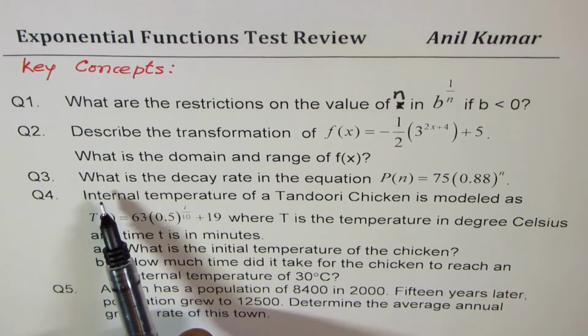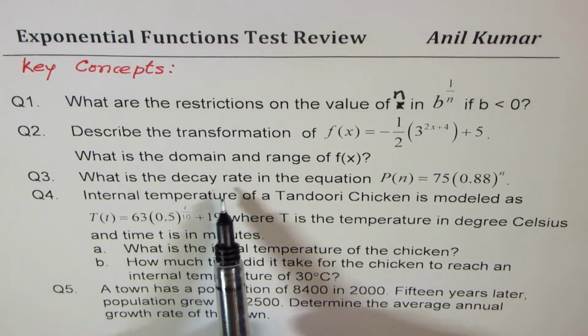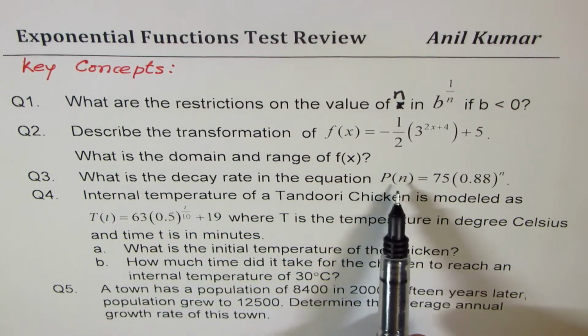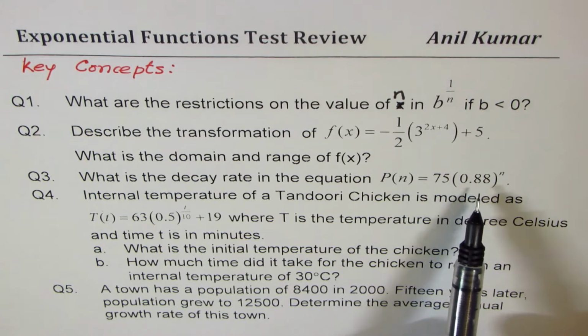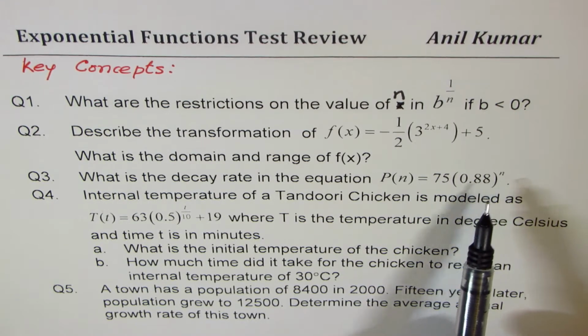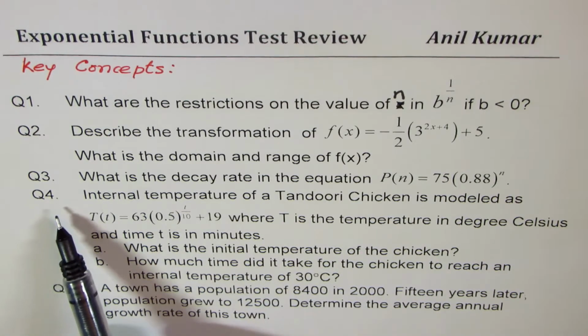Question number 3. What is the decay rate in the equation p of n equals 75 times 0.88 to the power of n? Question number 4.